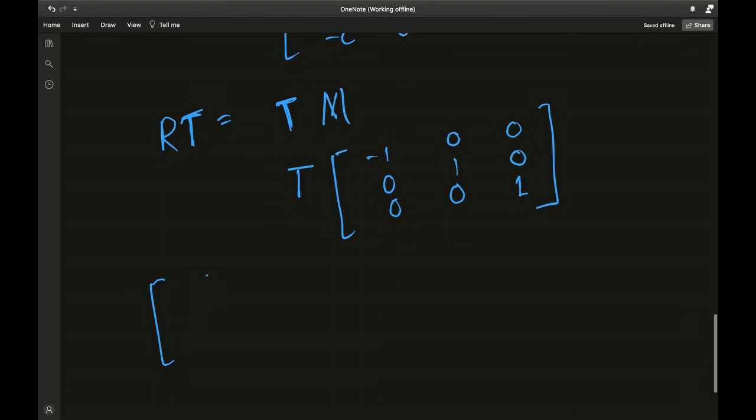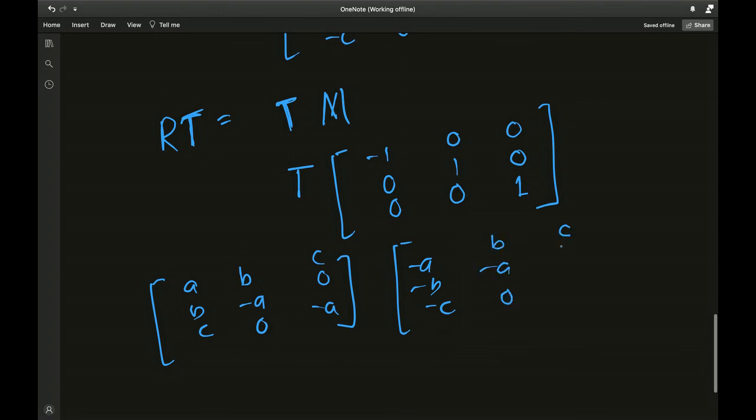if you do the multiplication of A B C, B negative A 0, C 0 negative A, what you get is precisely negative A, negative B, negative C, B negative A 0, C 0 negative A. That's exactly what we want. So M is just this.